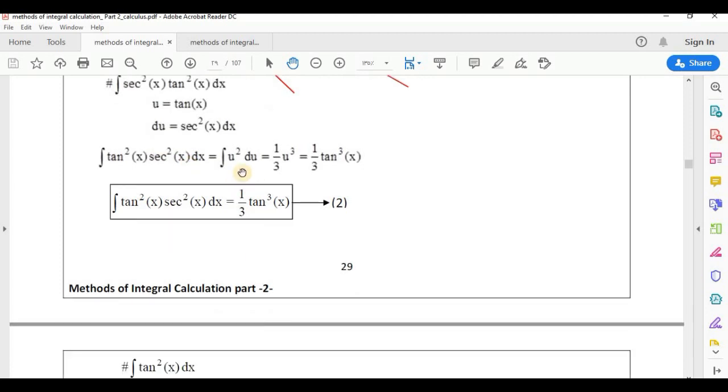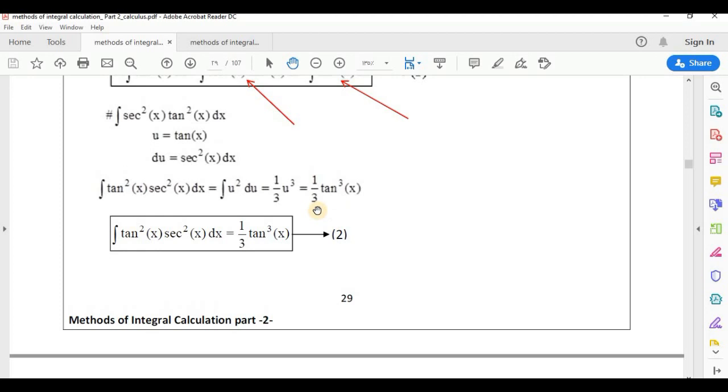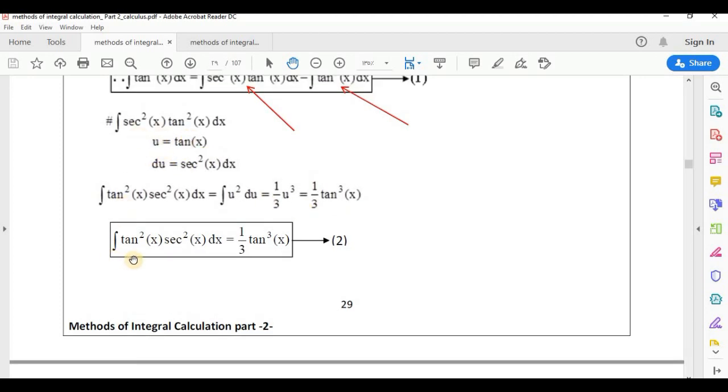The integral becomes easy to solve. After finding the integral in terms of u, we substitute the value of u. What is u? u equals tan x. So the integral of tan square x multiplied by sec square x dx equals 1 divided by 3 tan to the power 3 x. We will call this equation number 2.